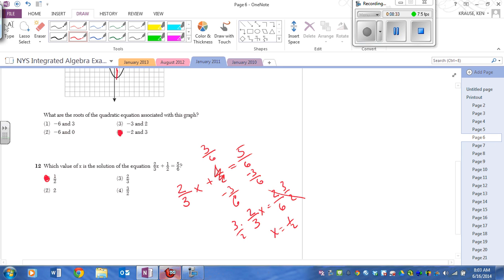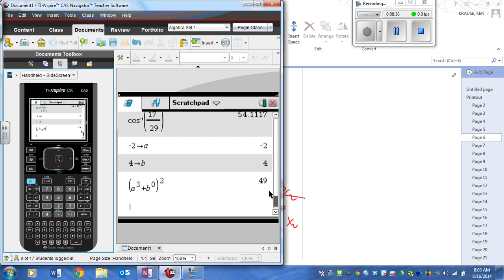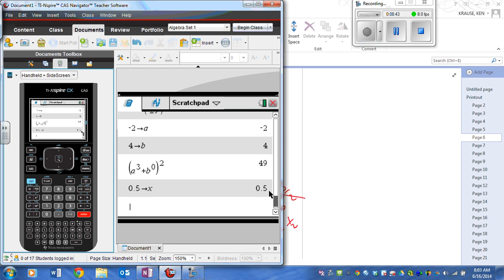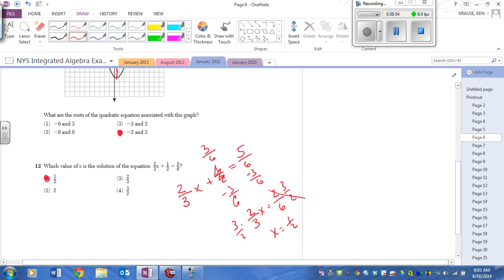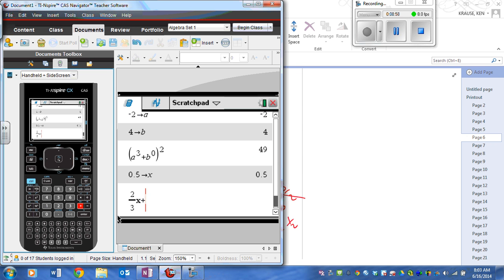Now I'm going to check that using the stow feature, which is probably what you would have done on this problem. You would have taken a half, which is 0.5, stowed it as x, and then typed 2 over 3 x plus a half equals 5 over 6.